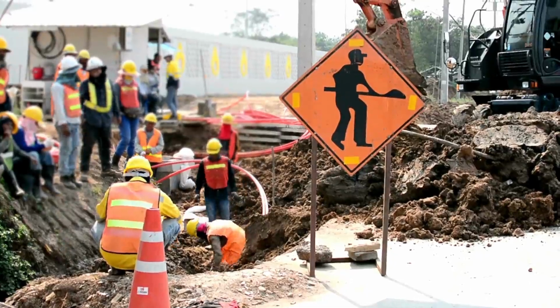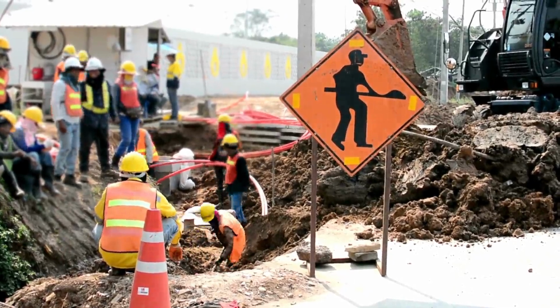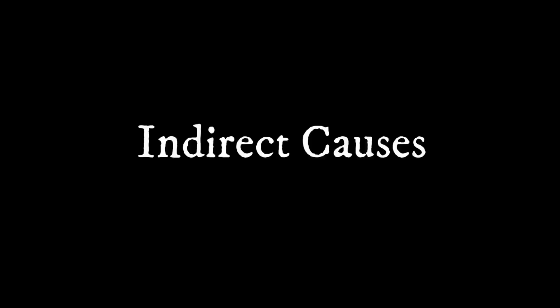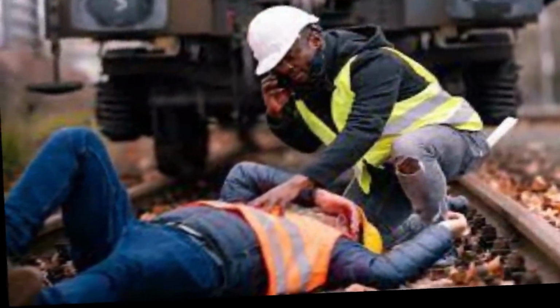As a health and safety officer, you need to identify the root causes of the accident using established investigative techniques. Determine both immediate causes, direct causes, indirect causes, and underlying factors contributing to that accident.